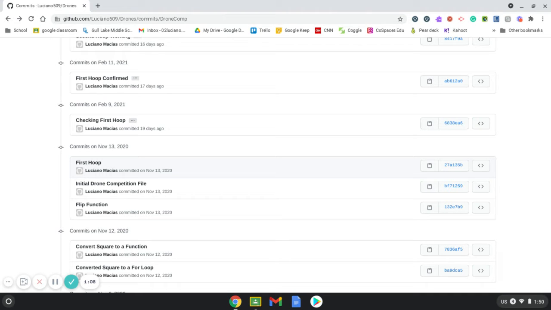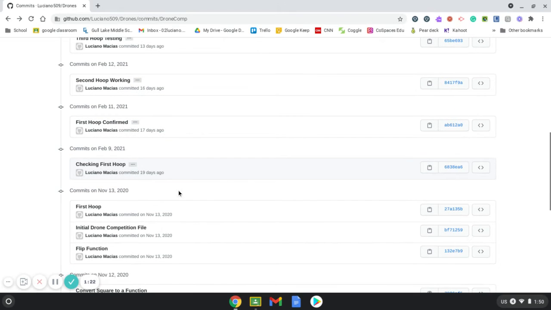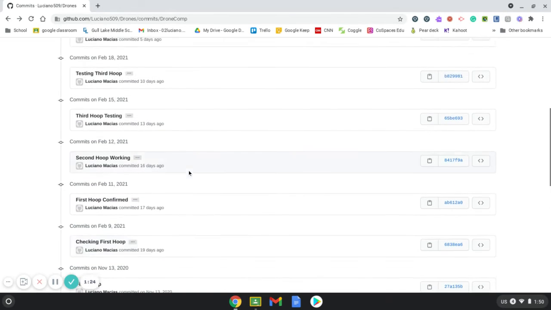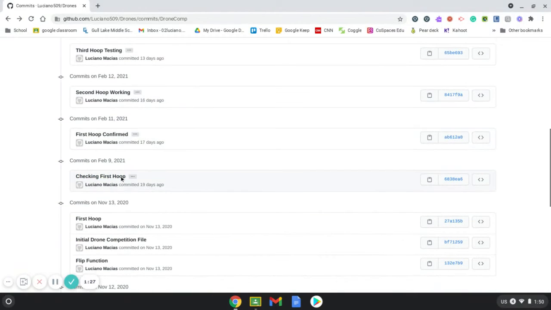That same code wouldn't always work for a different drone. It would not go up high enough or go up too high. So we would have to recode. We'd just change the height and distance a little bit for each drone. So we did that a couple times.